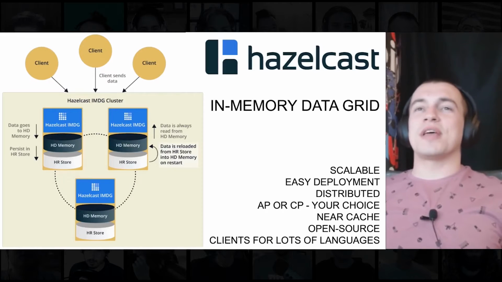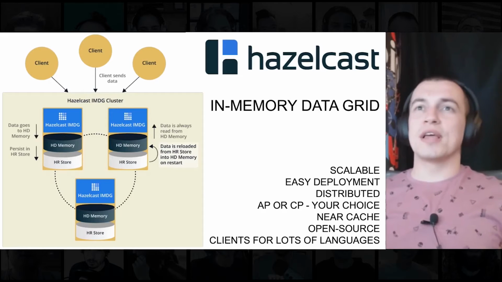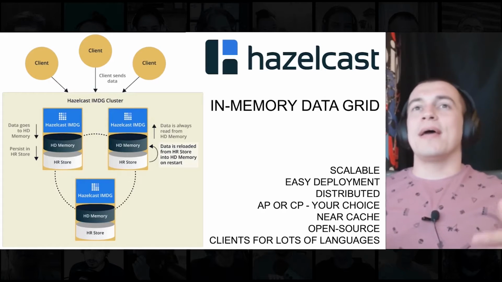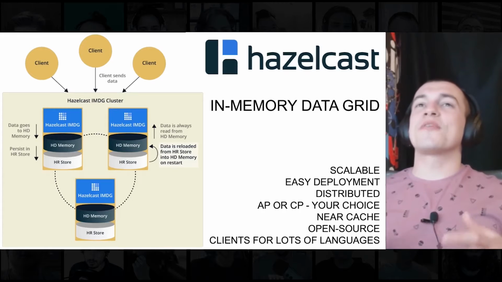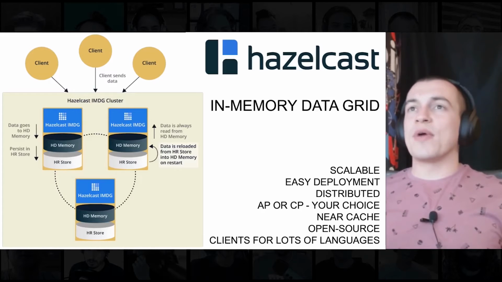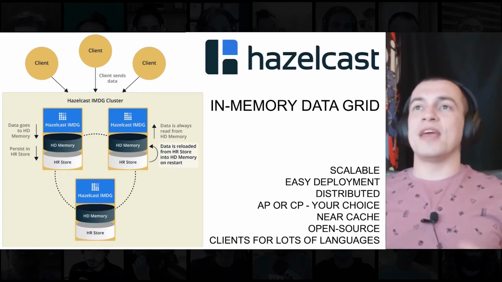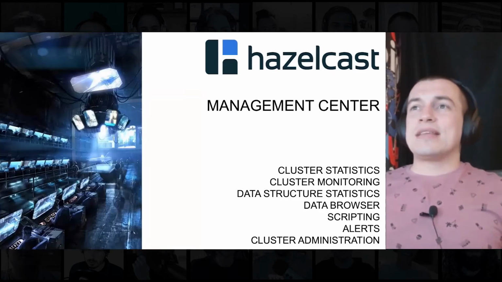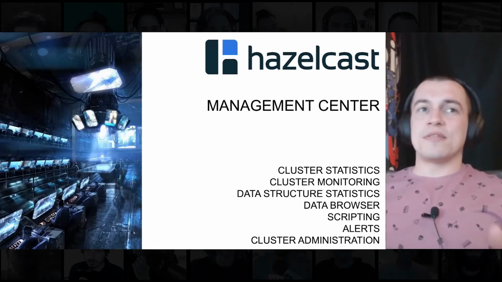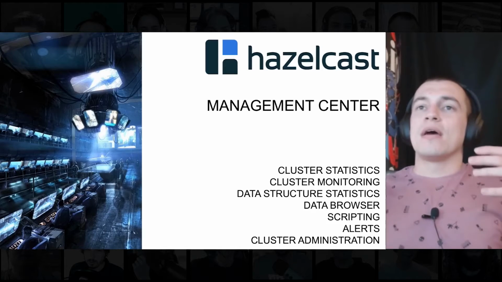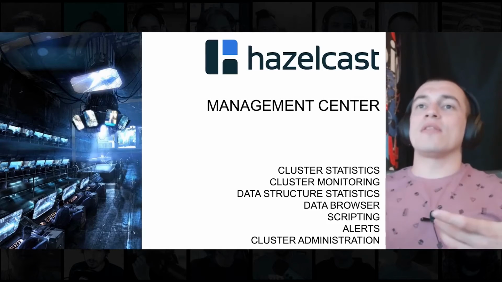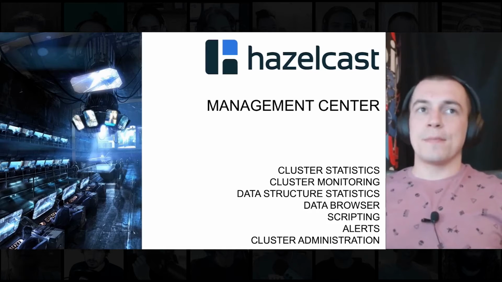And for you to understand the problem that we faced, you have to know what we do at Hazelcast. We build an enterprise-level in-memory data grid. It sounds fancy, but basically it's just an enterprise cache, a distributed enterprise cache that can fit a lot of data. And I'm working in the management center team, where we are building the admin panel for our distributed cluster.